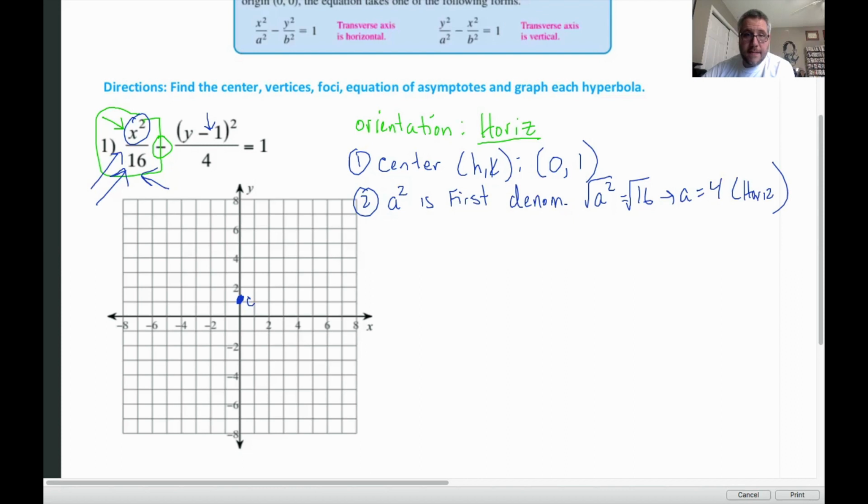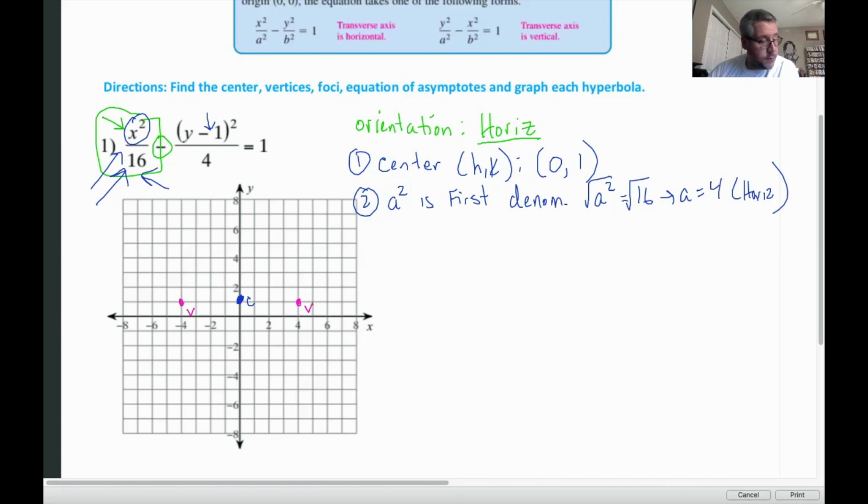So if we start at that center and we go 4 units horizontal, so that'd be 4 to the left, 1, 2, 3, 4, plot a point. 1, 2, 3, 4 to the right, plot another point. That is going to give you the vertices. So you're going to have one here and one here. Okay?